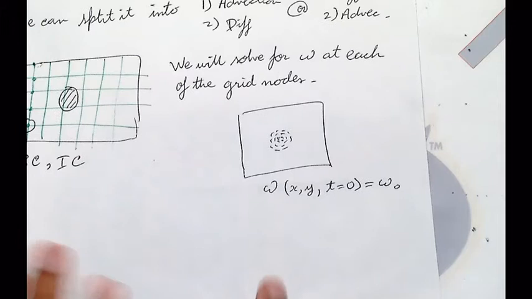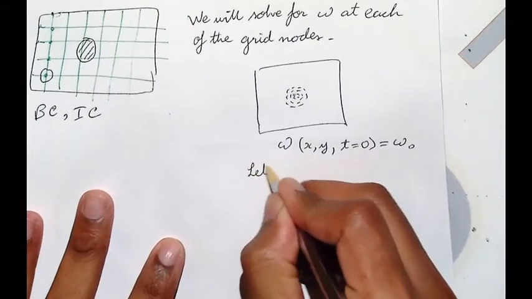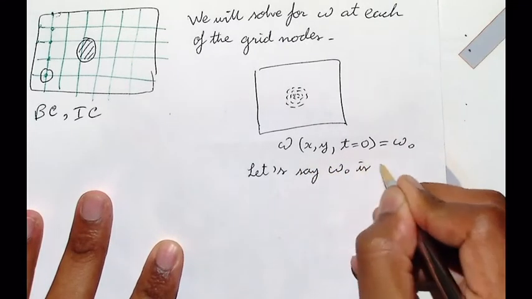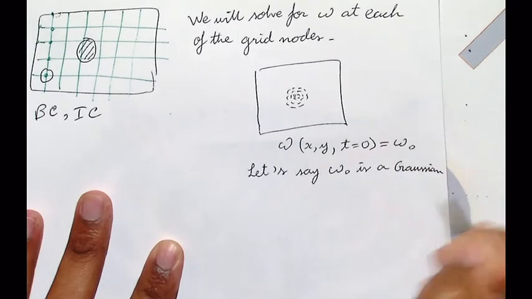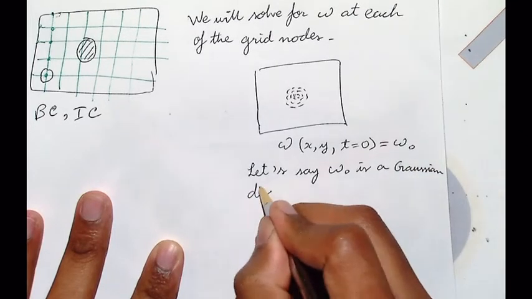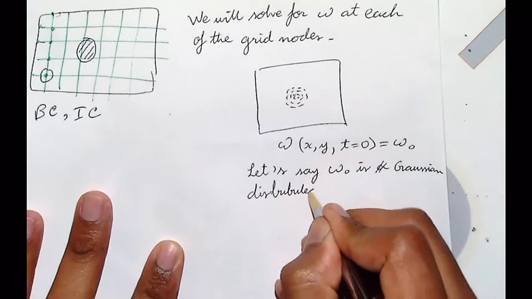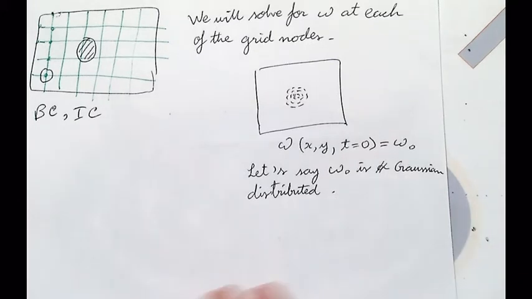So let's forget about the cylinder. Let's take the simpler example now. So let's say omega naught is Gaussian distributed. Okay.